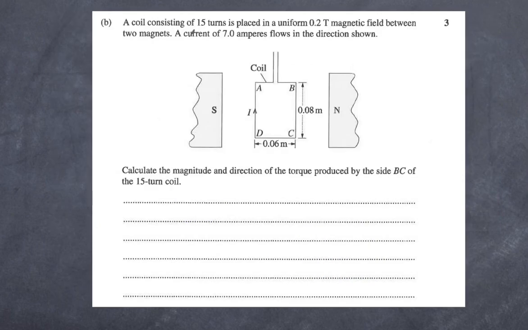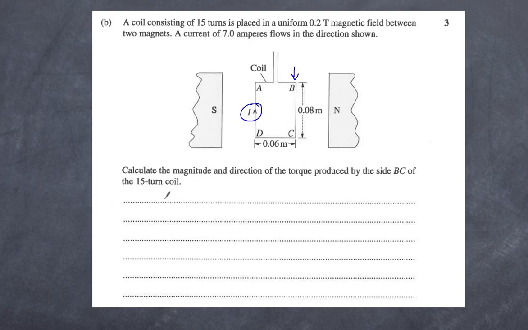A coil consists of 15 turns and is placed in a uniform 0.2 tesla magnetic field between two magnets. A current of 7 amps is flowing in the direction as shown, which is right there. Calculate the magnitude and direction of the torque produced by the side BC of the 15-turn coil. So we're only interested in this aspect right there. So don't use BIL here, because that accommodates both sides.